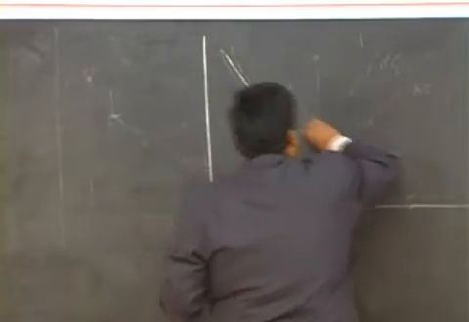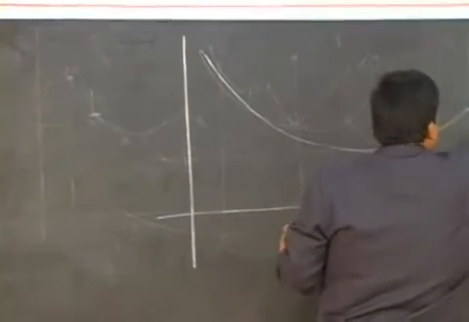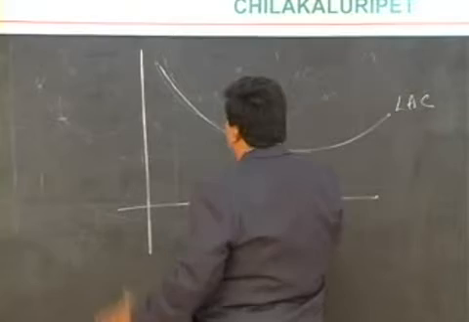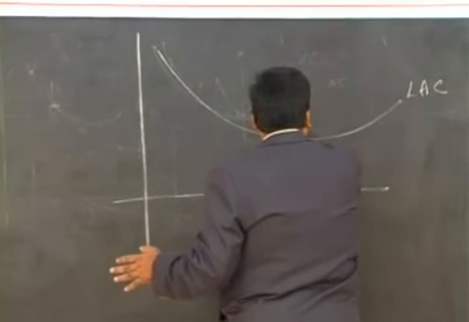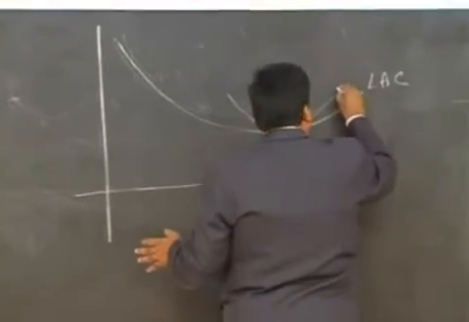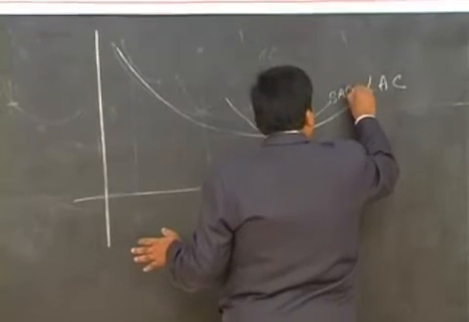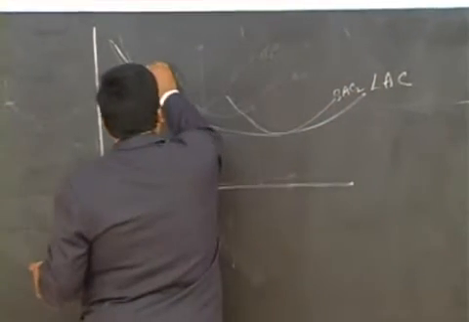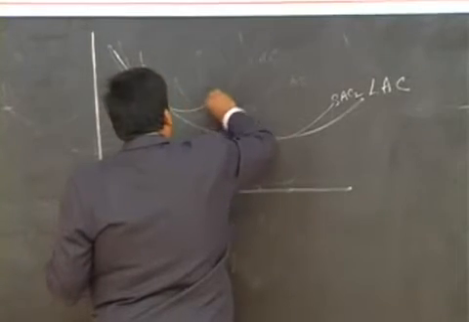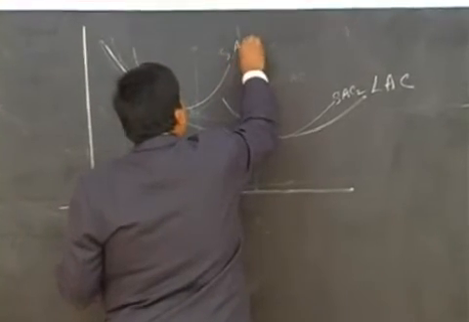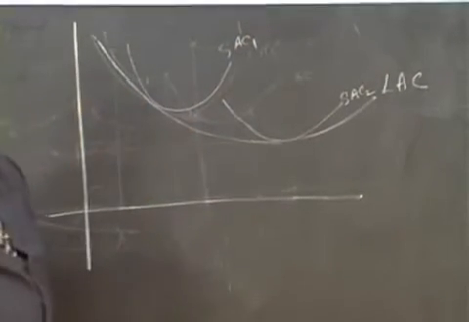Let us see. This is LAC. And imagine only two situations. One is the least point here, SAC2, and another SAC1. Imagine only two situations.